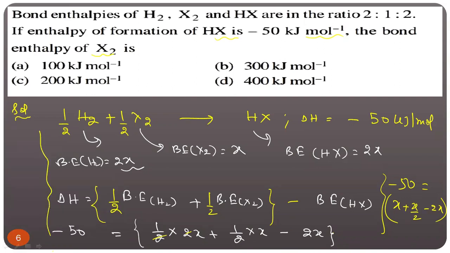I'm solving here. So it is like, when we take LCM, 2x plus x minus 4x divided by 2. So 3x minus 4x is equal to minus x by 2. So when we solve, x is equal to, we are getting 100. बताओ आ गया समझ में? So answer is 100 kilojoule.